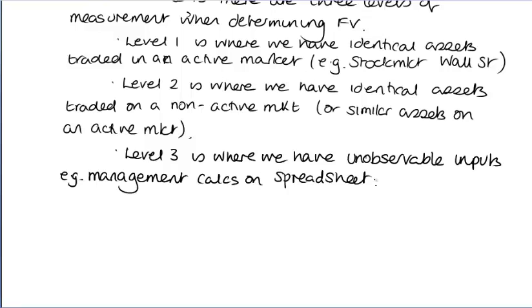So if possible, you will try to measure an asset using level 1, if not then level 2, if not then level 3. Depends on the nature of the asset. So if I had a specialist piece of machinery, well, the chances are that I'd probably have to use a level 3 approach. I'd have to get management to do some cash flows in relation to the asset, discount those back to try to determine some form of fair value. So that is the first part of part A.